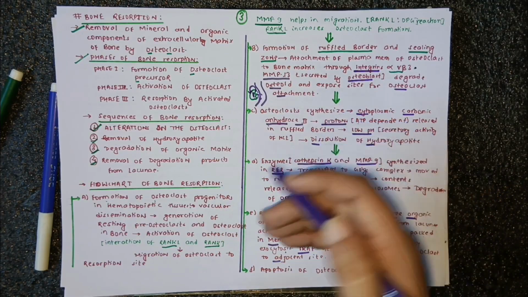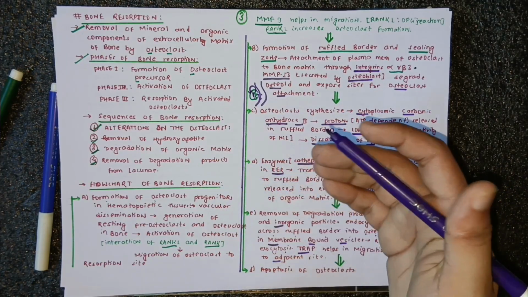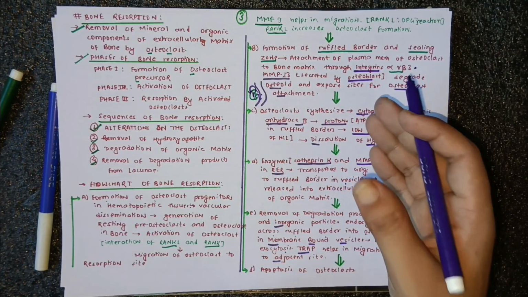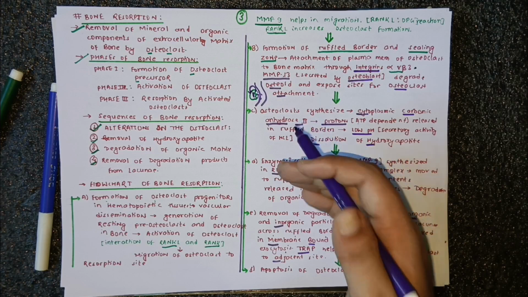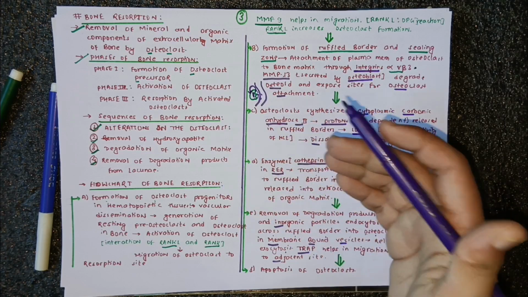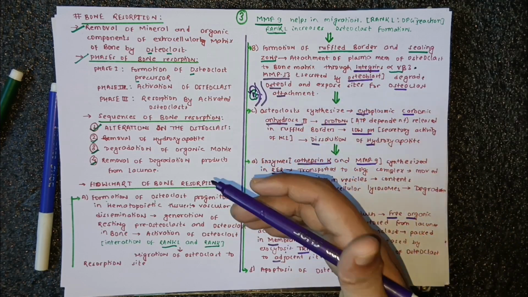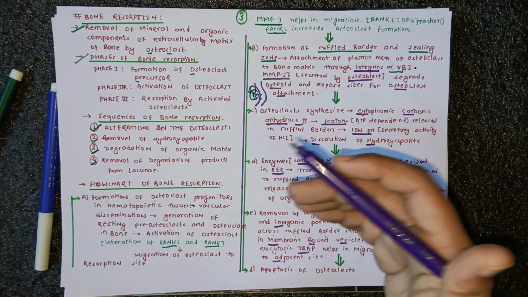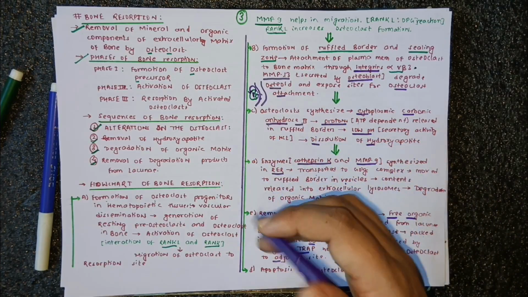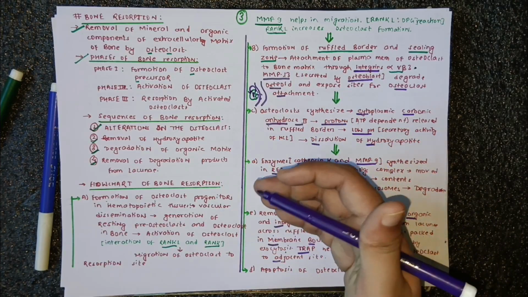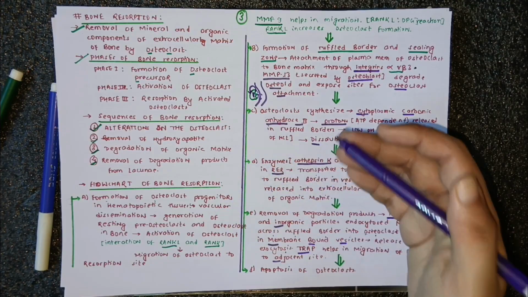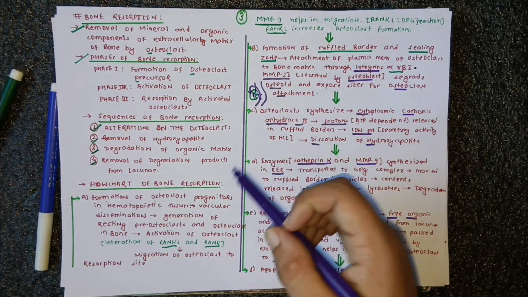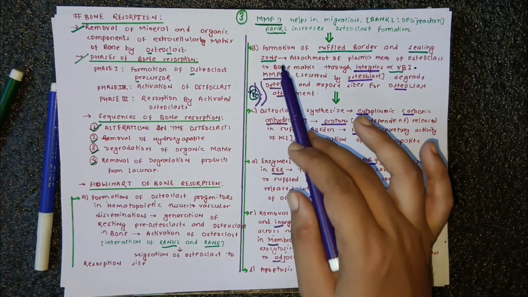The osteoclast is activated by the interaction of RANKL and RANK. With activation, the osteoclast migrates to the resorbing site, and the migration is helped by MMP9, which you should remember.